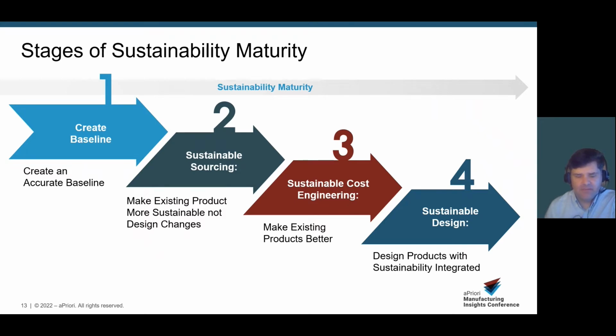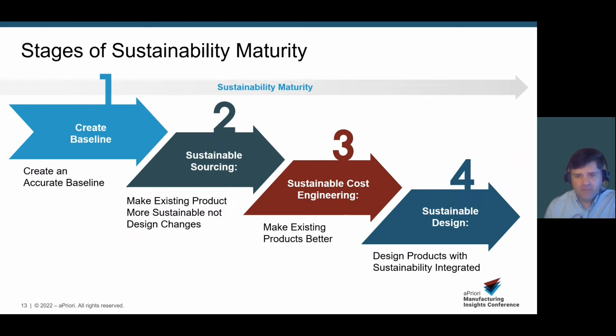Along with creating that baseline is gathering the information from their suppliers, which we can really help facilitate with our existing platform. Then we start to move down to sustainable sourcing. How do I make this existing product more sustainable with minimal design changes? Is there a better supplier or better routing, or what is renewable energy? How does that impact the CO2 of this individual product?